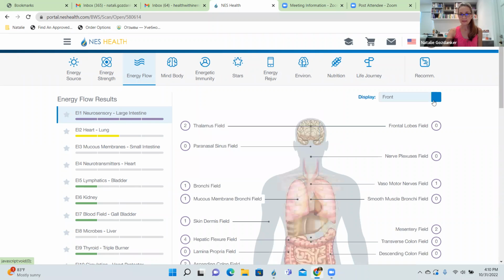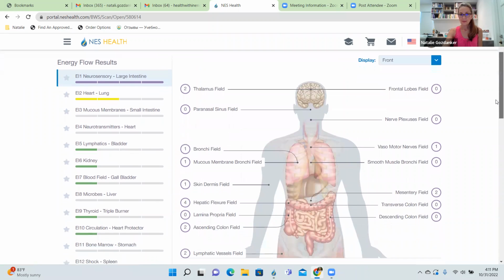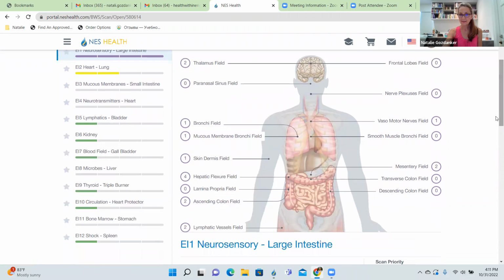If I click on that, you can see this train analogy. The train runs from here till the bottom. All those stations that are listed here, those tissues, match the frequency of the large intestine and some neurosensory points in the body in terms of the frequency.